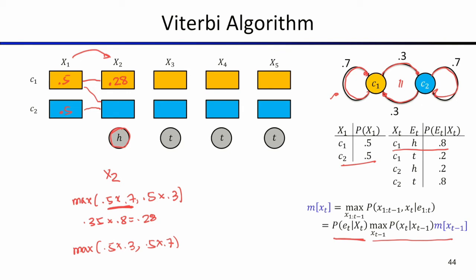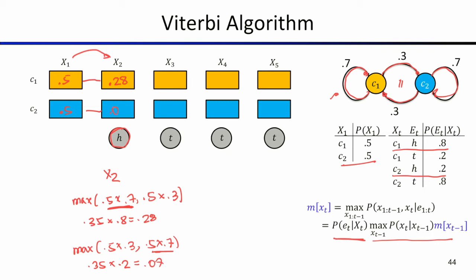So we're just switching places here. So again, the maximum is going to be here, but this maximum has a different interpretation. In this case, we are saying that we are staying with C2, and it's going to be 0.35 times. Now it's different because heads is less likely for C2. When we see heads and C2 here, it's just 0.2, so times 0.2, and that's going to be equal to 0.07.